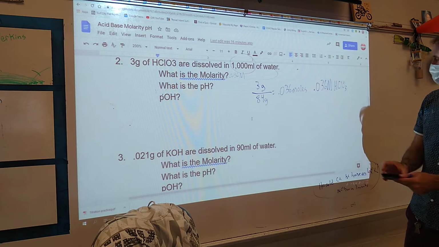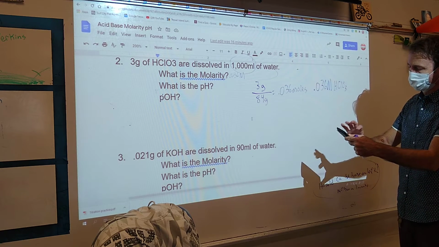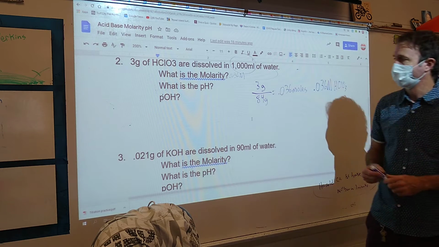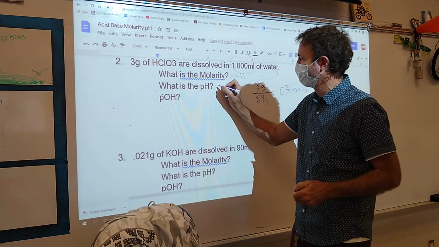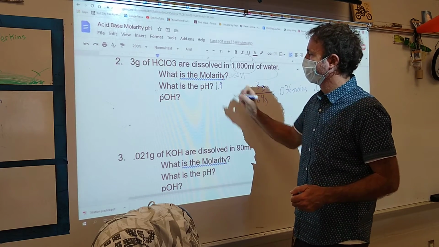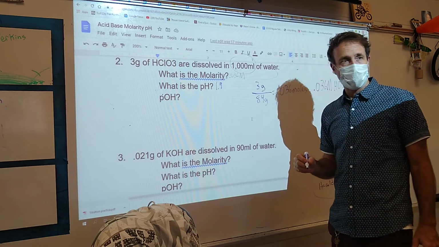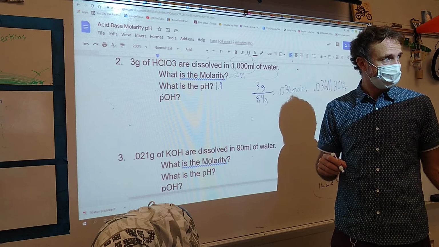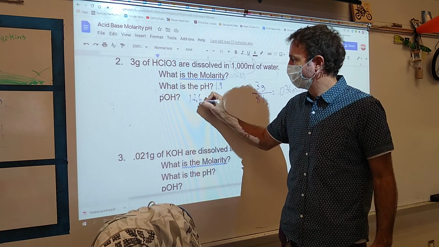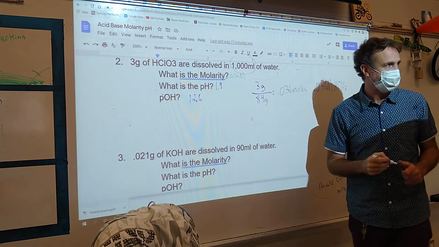So we have 0.036 and we hit log negative. The pH is 1.44, or what'd y'all get if you rounded it off? I'll just call it 1.4, and therefore the pOH has to be what? 12.6. These two have to add up to 14.